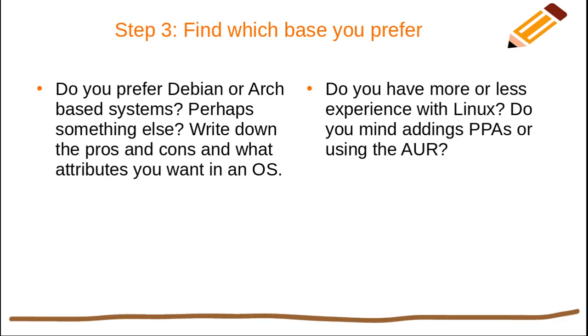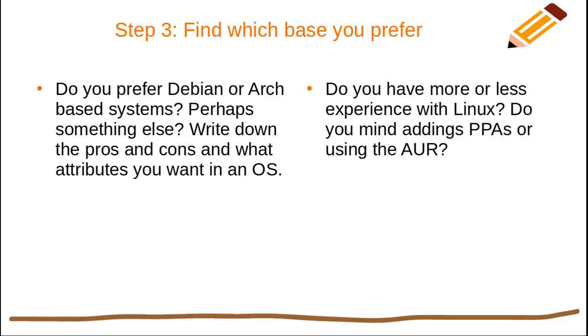Once you see what offers, based off of your past experiences, the most stable experience, and once you find which desktop environment or window manager works best for you, or one that you prefer the most, I think that the most important thing to do is choose basically between Debian or Arch-based systems, or perhaps something else like Solus, for example. But choose which one you prefer and just stick with it. Once you've made your choice, just stick with it.